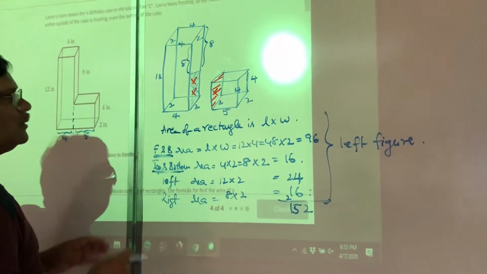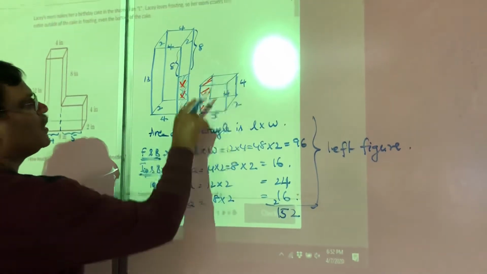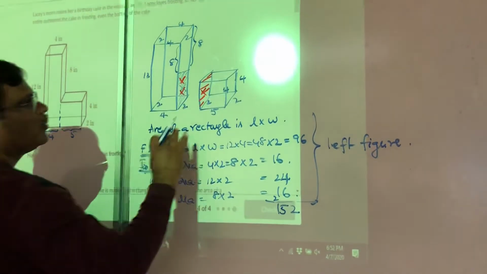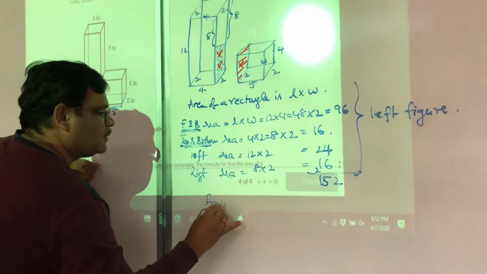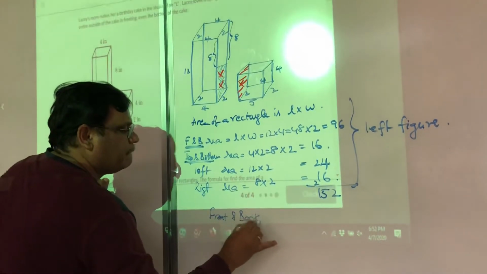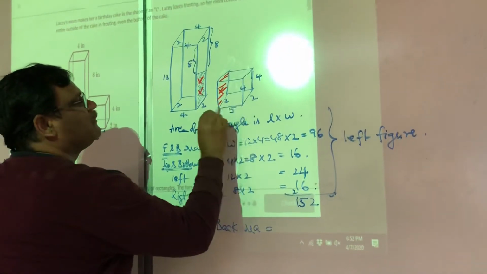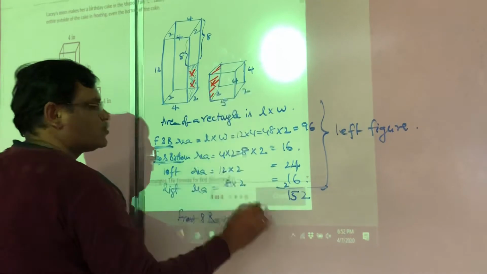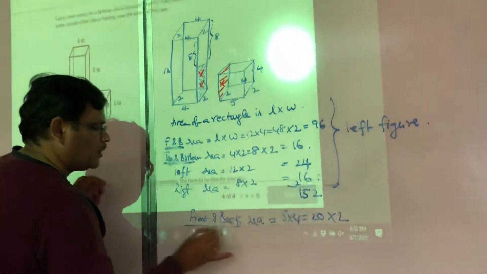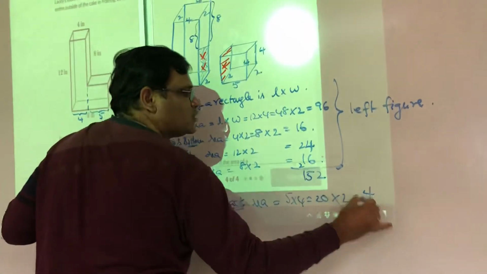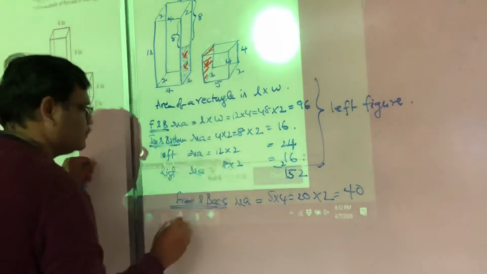So now let me move on to counting this area, right? If you come to this, we don't need the left side area, so I'm going with the front and back first. Front and back areas equal length times width. The length is 5 and the width is 4, so 5 times 4, which is 20, times 2 because you're measuring front and back, which is 40. And next I'm coming to the top and bottom.